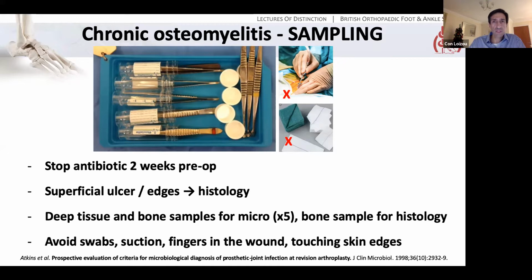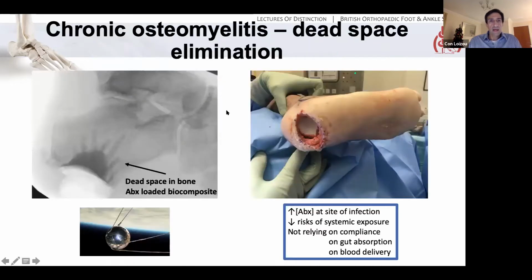Also, avoid using suction devices, swabs, and fingers in the wound while taking the specimens, and also touching the edges of the skin with your forceps. These are just measures to reduce cross-contamination and get a meaningful biopsy result. Now, the dead space in the bone is then filled, in this case with the gentamicin loaded biocomposite.